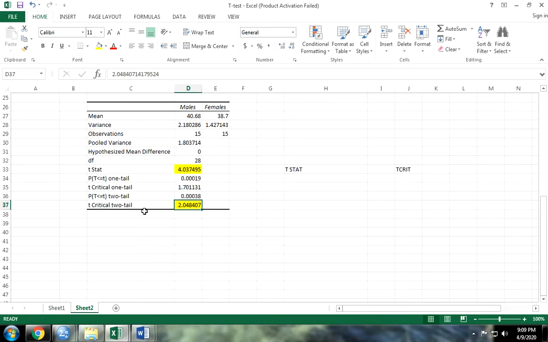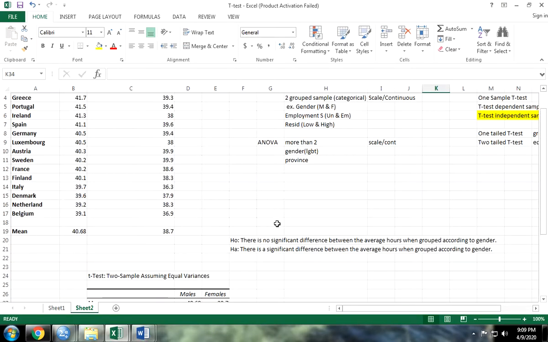Okay. Now, yung t-stat natin, it's sort of like this: greater than or lesser than. So, compare natin yung dalawang value.